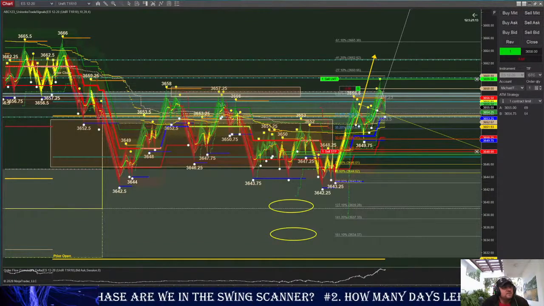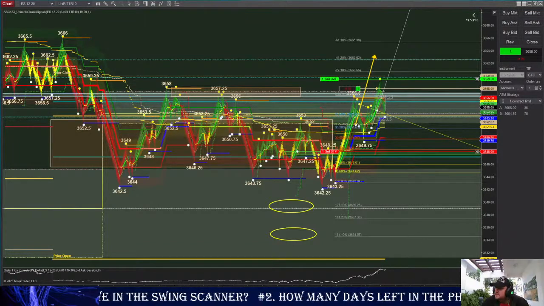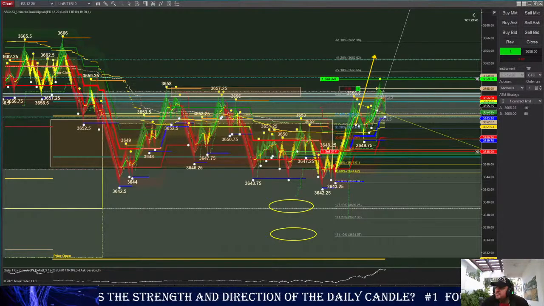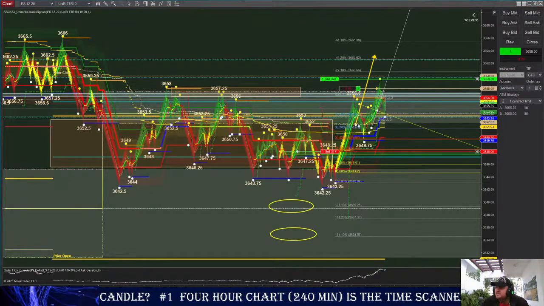Trying to buy him back to the volume point of control. We got our second dot there, so it's possibly we can fire up here, guys. 58, 58. Yeah, it did peak higher.